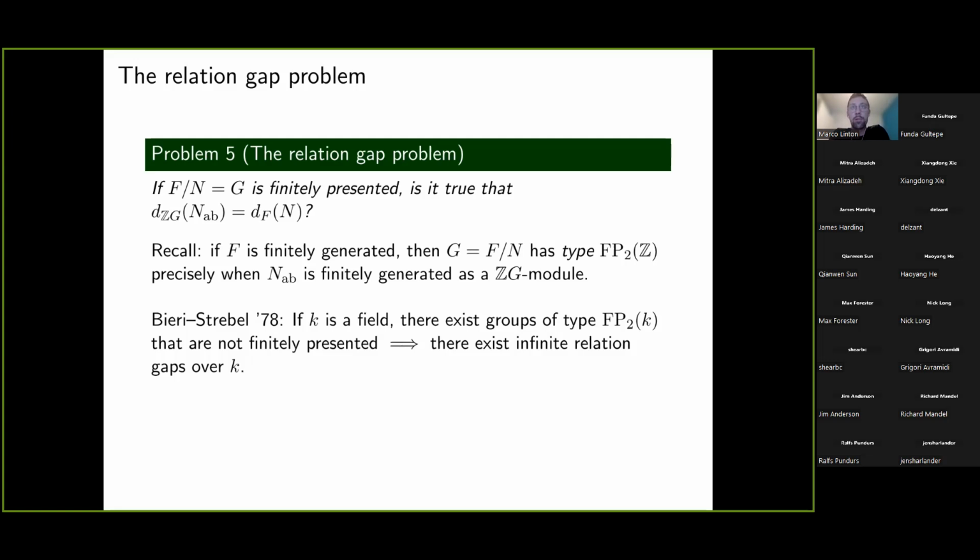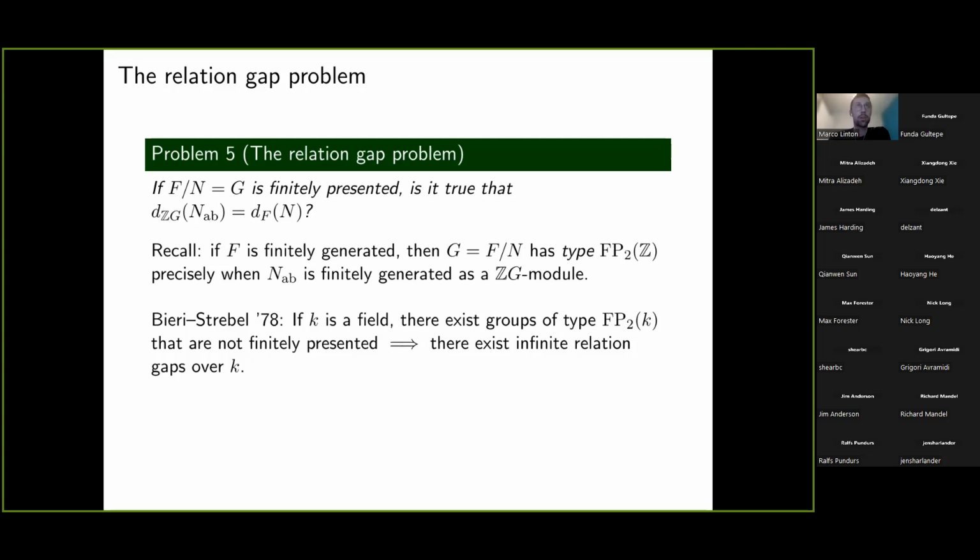So Bieri-Strebel proved that for any field, they find examples of groups which have type FP2 over that field, but that are not finitely presented. So that implies that there exist infinite relation gaps over fields. Okay.